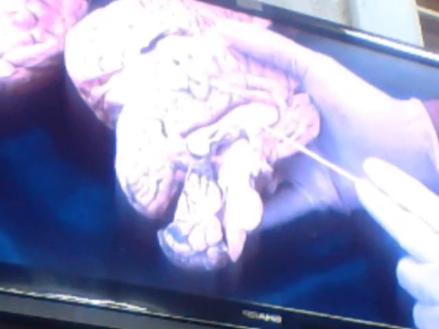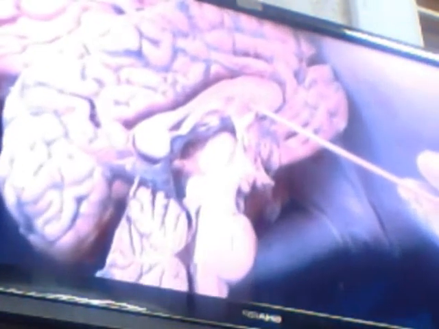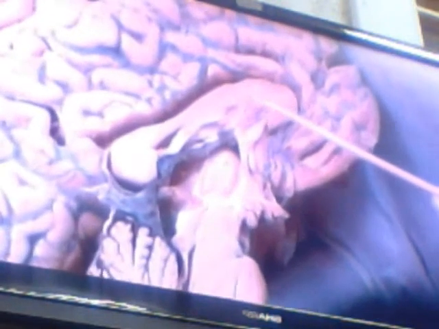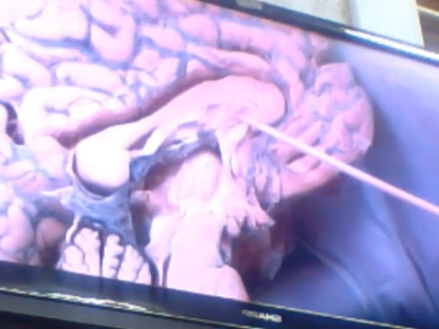Okay, this is almost in the midline. What you notice here is that below the corpus callosum there is a septum. Whereas on this one I can see through, on this specimen there is a septum here.